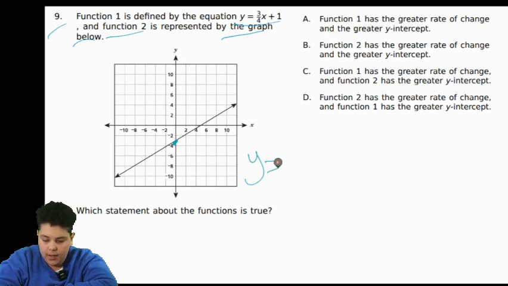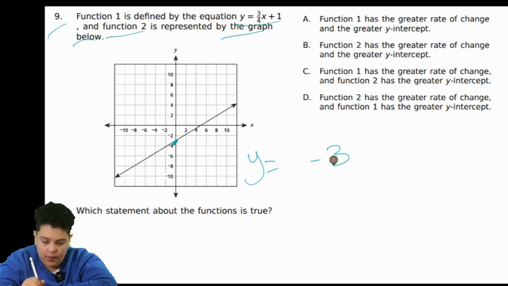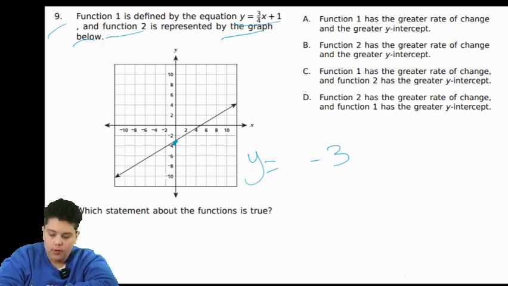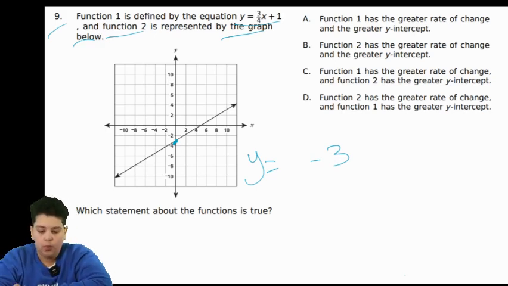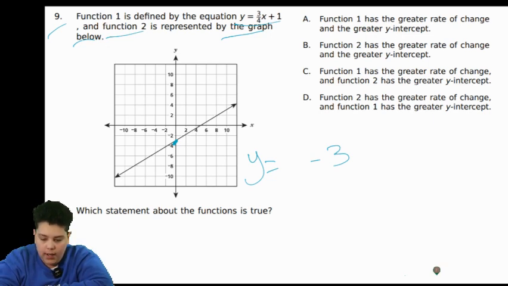We're missing something for the slope. So do 1, 2, 3, 4, 5. 1, 2, 3, 4, 5, 6, 7, 8. So based on using rise over run, our slope would be 5/8. And this is for the second equation.